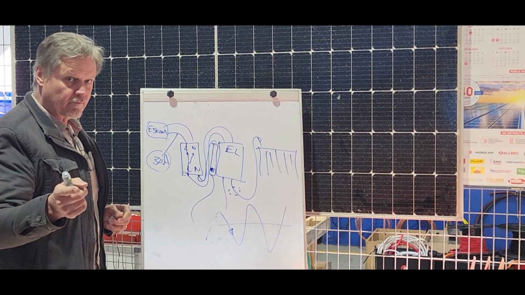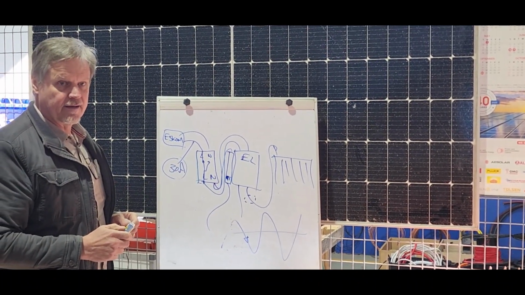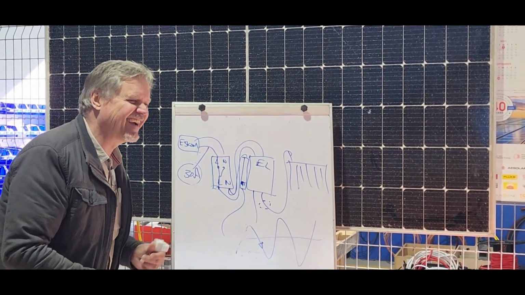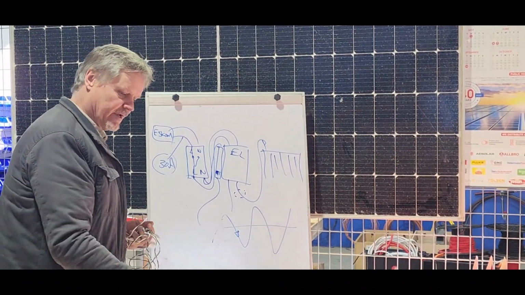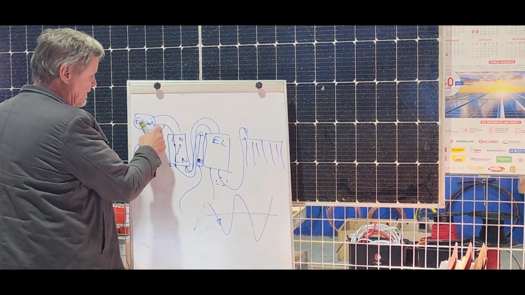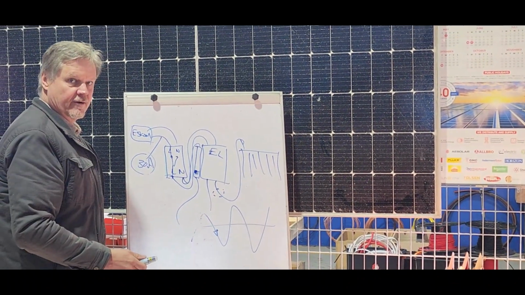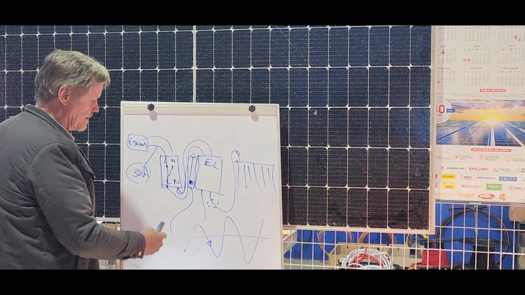I don't think so. Why? Leakage is always a problem of tripping and stuff. Yeah, that's an answer, but I'm talking from a current point of view. If there's 30 amps running over there, will there be 30 amps running there?